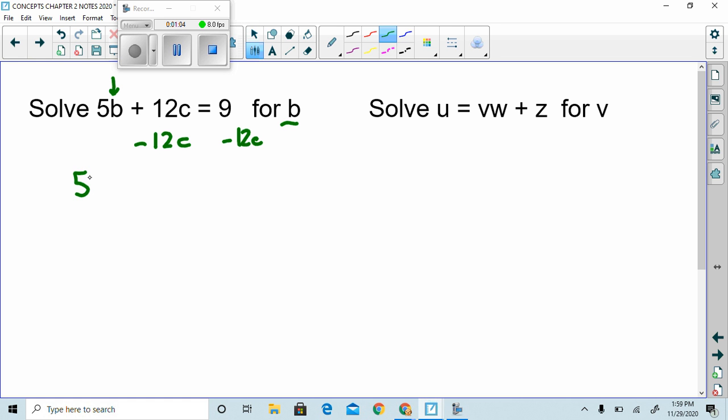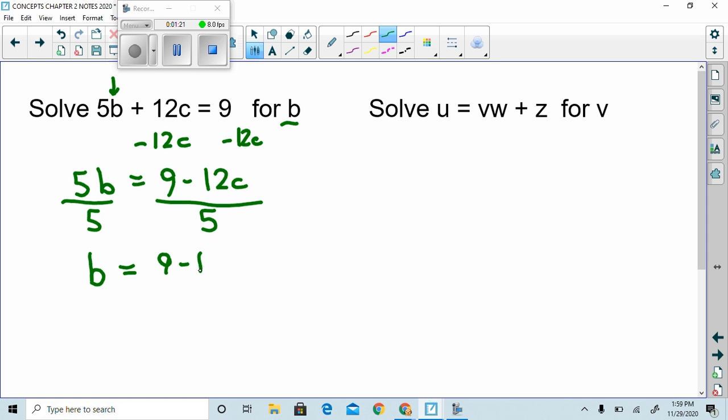We're using our property of opposites for our inverse operations to isolate b. Now I have to divide all terms by 5, and I get b is equal to 9 minus 12c over 5. If it could be simplified, I would, but this one can't.